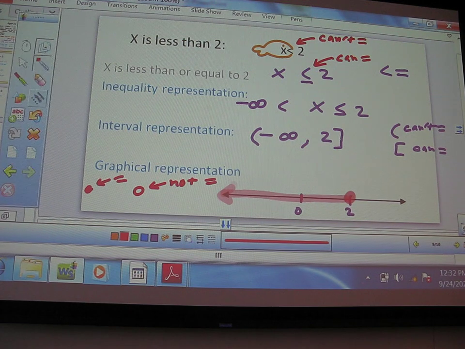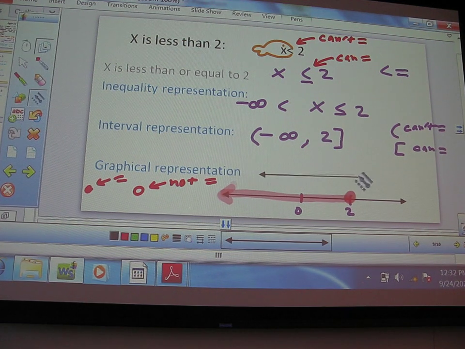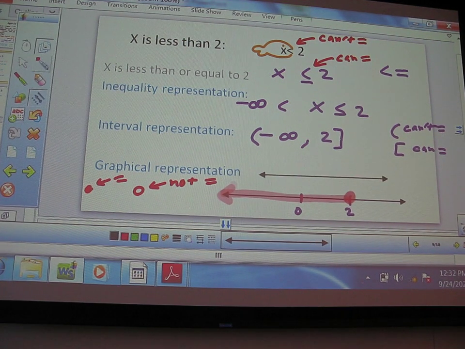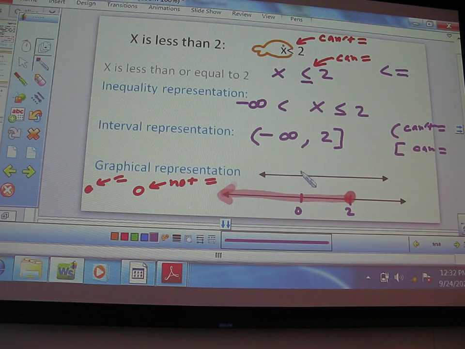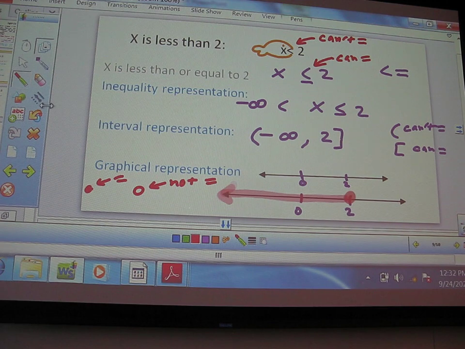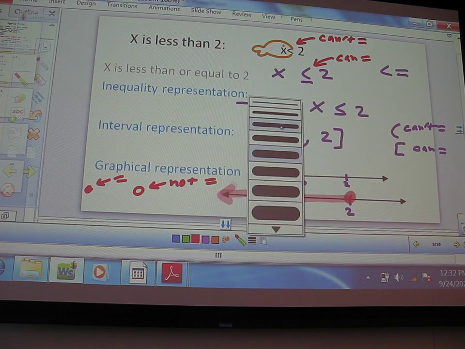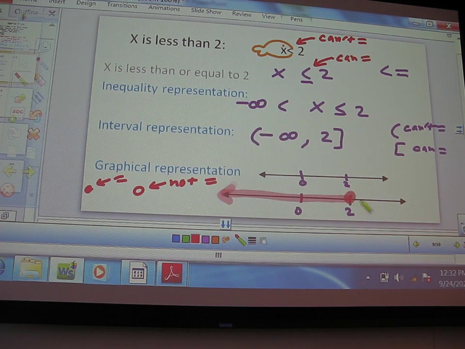Now there's a second way you can write this if you want. It's your option, but some people do it this way. They have their 0, they have their 2, and instead of doing the circle, they use the square bracket.